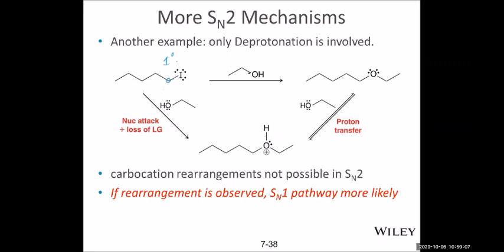Here is the halide, and this is the alcohol. This halide, by the way, is iodide. Iodide is a very good leaving group because iodide comes from one of the strongest acids in aqueous solution. HI is one of the strongest acids. So iodide is great, a very stable base, a very good low energy leaving group, easy to leave.